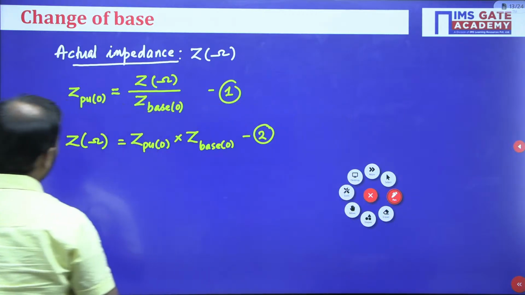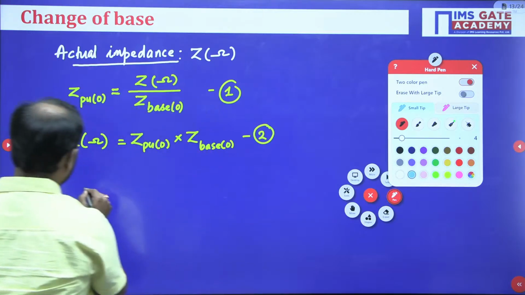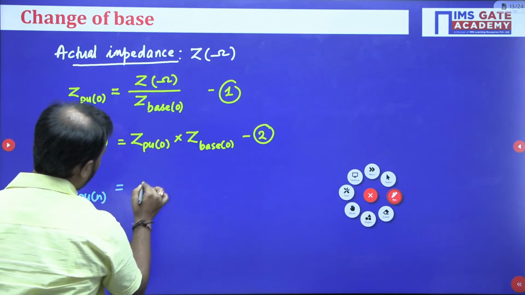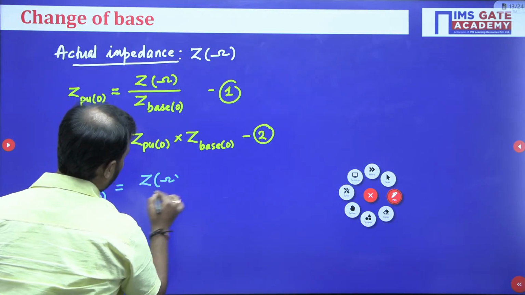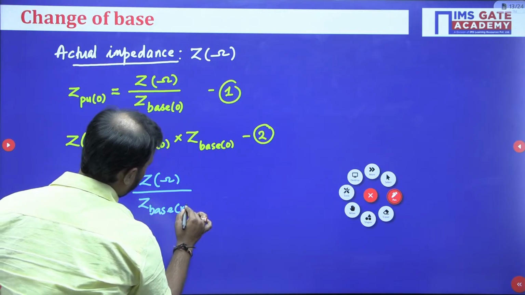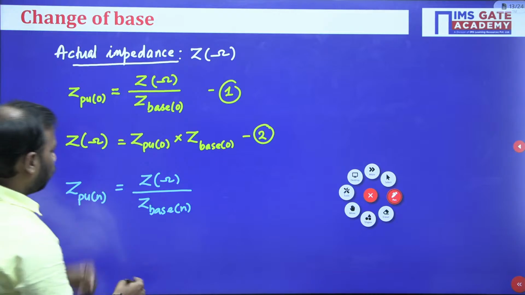So my dear friend, Z per unit new is nothing but Z actual divided by Z base new. Now from here I can substitute this Z ohm.